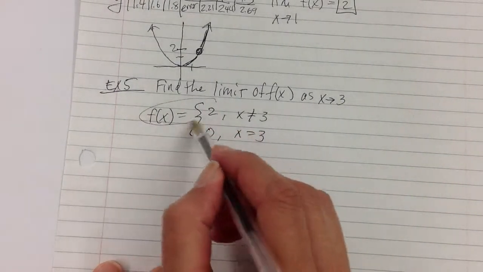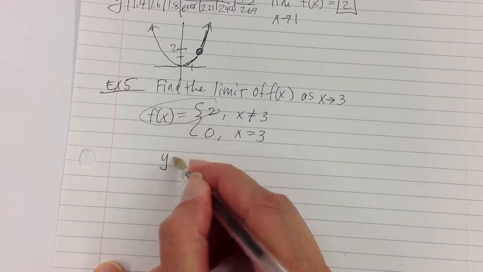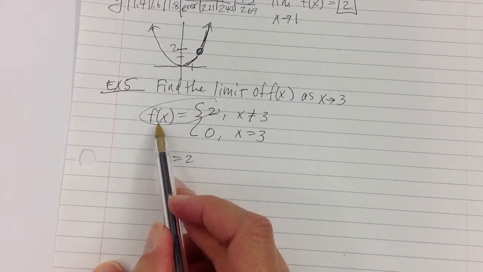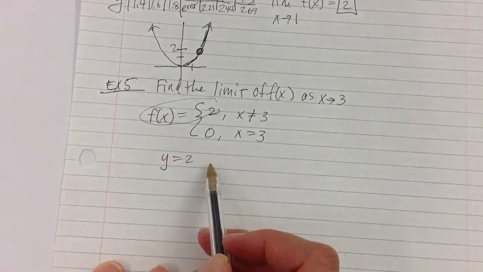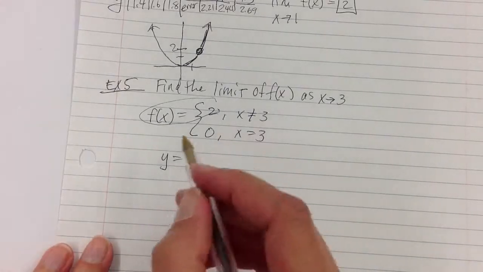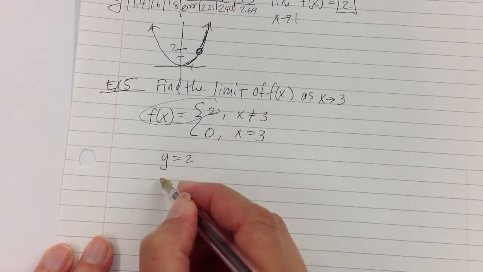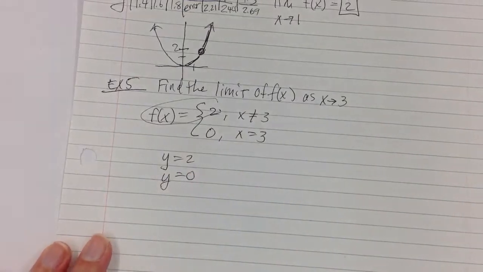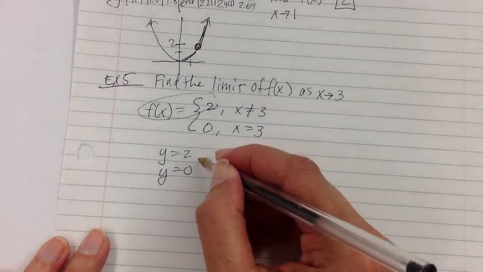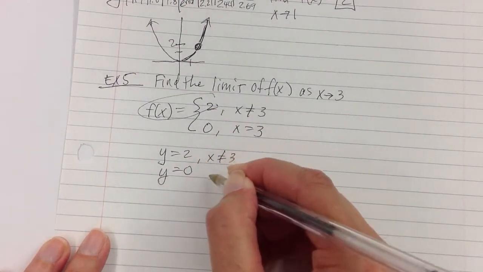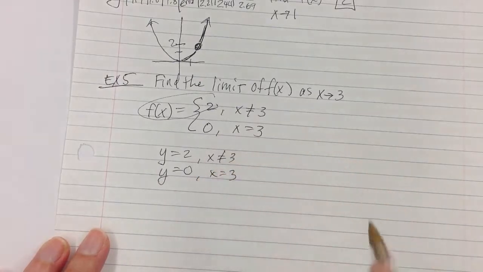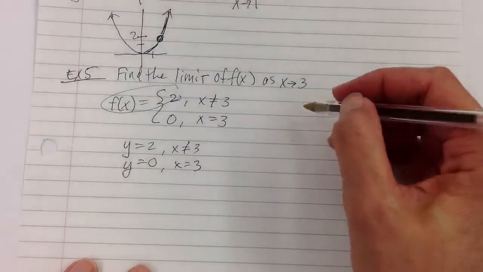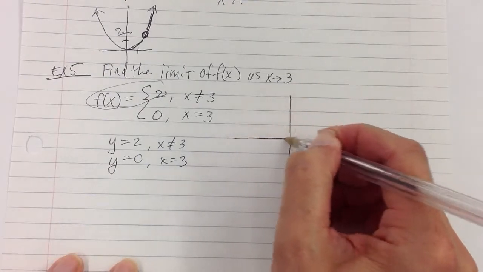Alright, so what does this mean? It means our function is y equals 2, right? f of x is just another way of saying y equals 2 when x is not equal to 3. When x is equal to 3, then the function is equal to 0. Well, y equals 2, that's just a straight line.